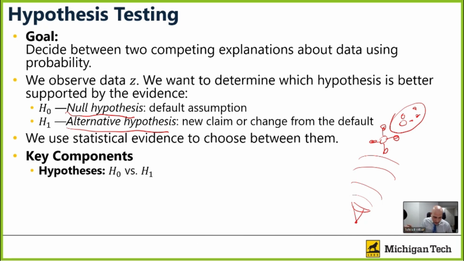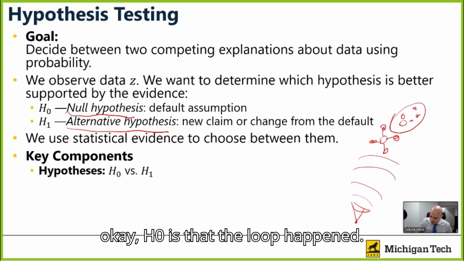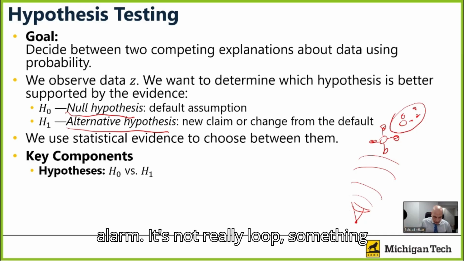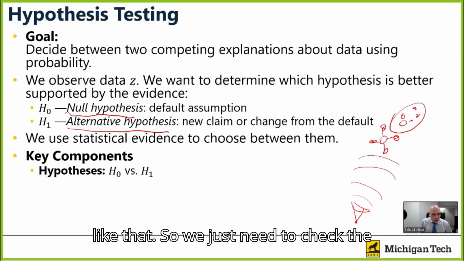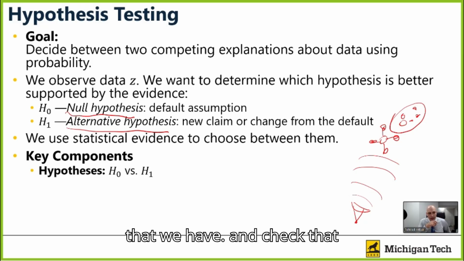This is familiar. But how familiar? So you can say, okay, H0 is that the loop happened. H1, this is just a false alarm. It's not really a loop. Something like that. So we just need to check the possibility of these hypotheses that we have.